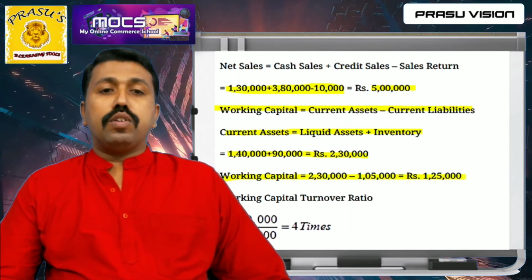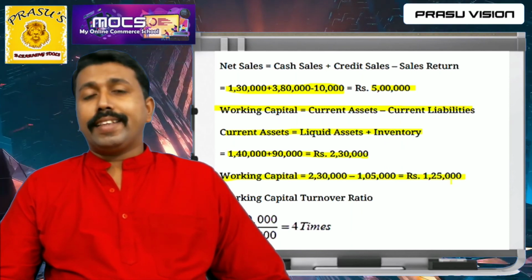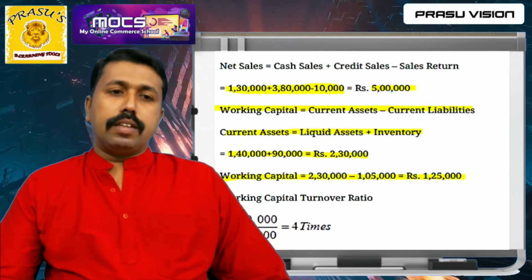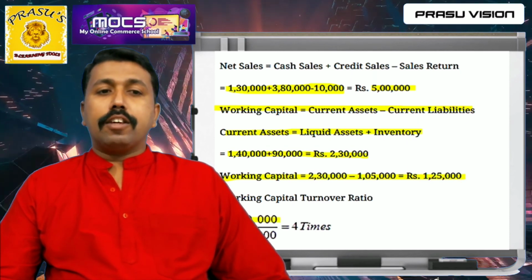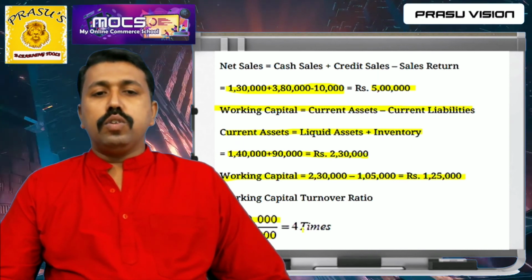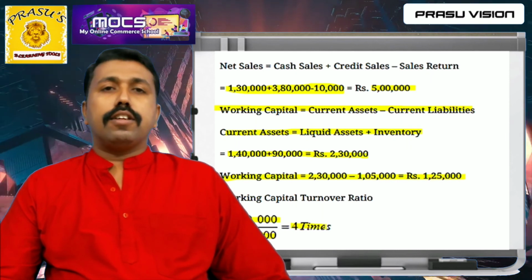Working capital is equal to current asset minus current liability. 2,30,000 minus 1,05,000, we will get 1,25,000. Then we can directly apply the equation: 5 lakh divided by 1,25,000 is equal to the working capital turnover ratio, 4 times.